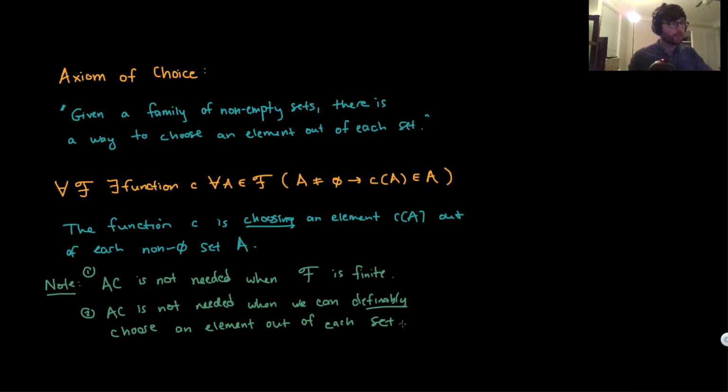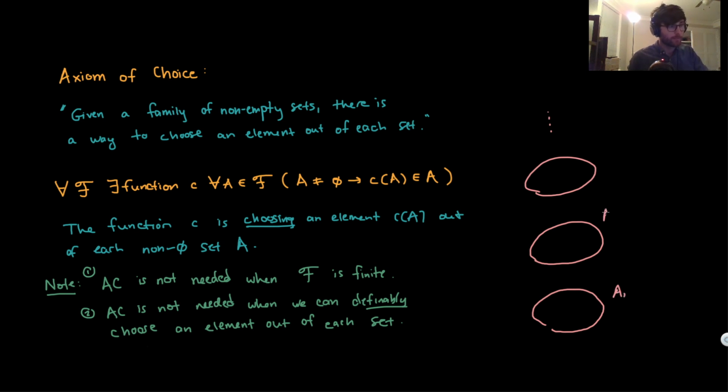There's an interesting example. I think this was due to Bertrand Russell, but let's say that we had a bunch of sets. So here's a set here, here's another set here, here's our third set, and so on. So maybe here's our set A1, A2, A3, and so on. And he gave two different examples.